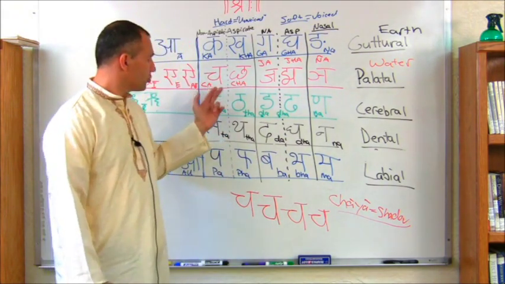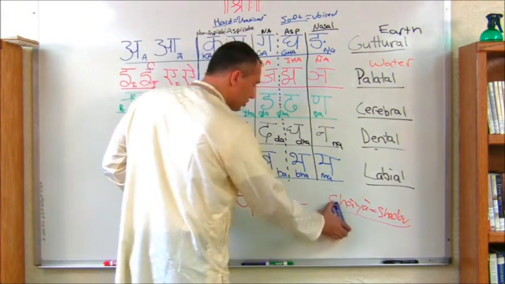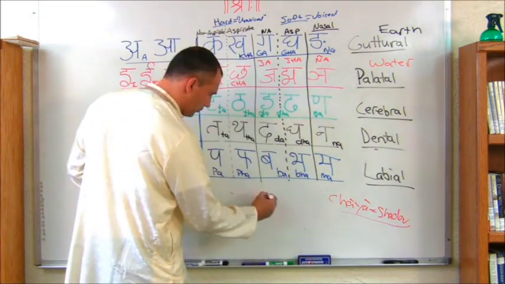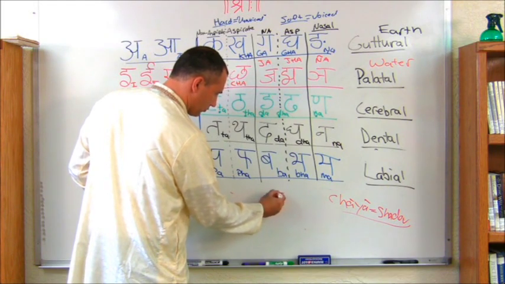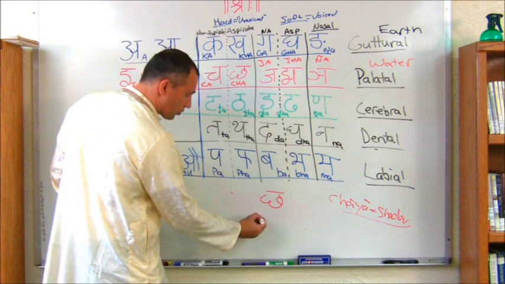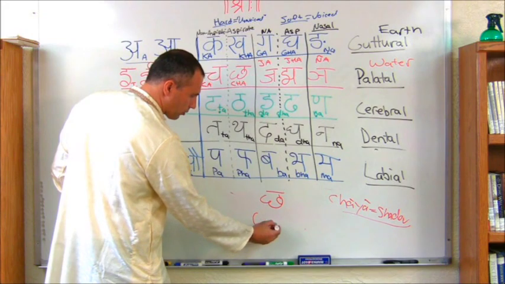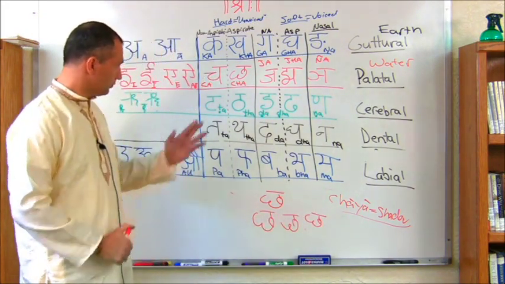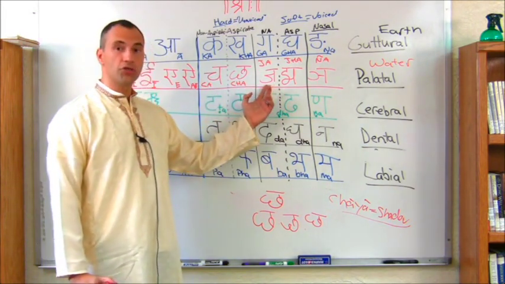Okay? So how do we write chha? There it is. All in one stroke. And this is the order. Chha.